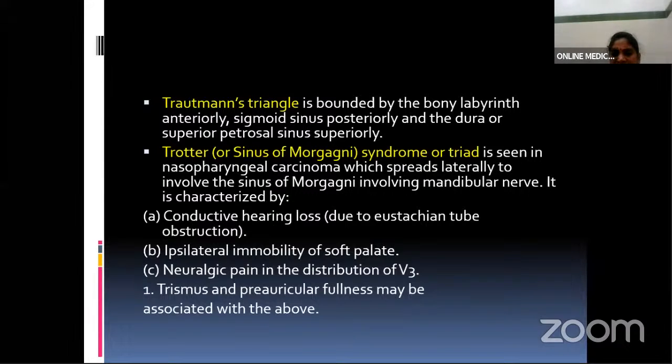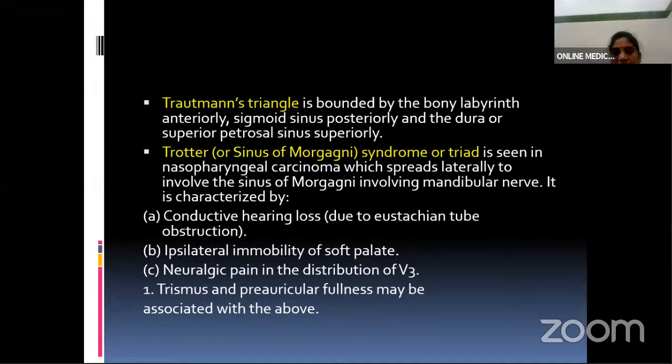Second is ipsilateral immobility of the soft palate. The palate won't be able to move freely, and the uvula won't move properly. Third is neuralgic pain in the distribution of the mandibular division of the trigeminal nerve. The patient may present with trismus and preauricular fullness.